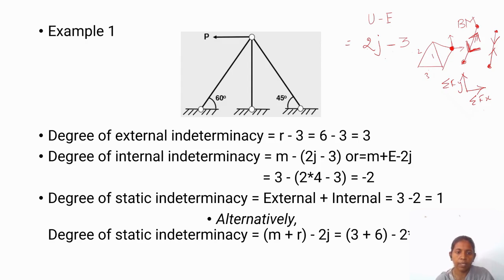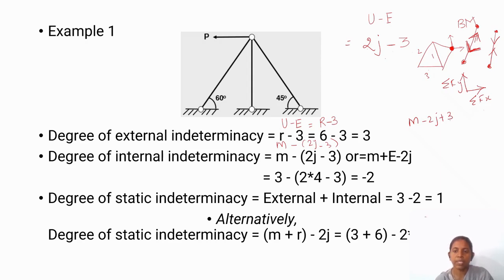So the degree of external indeterminacy is U minus E, that is U means the number of reactions minus equilibrium equations 3, and the degree of internal indeterminacy is M minus 2j plus 3.